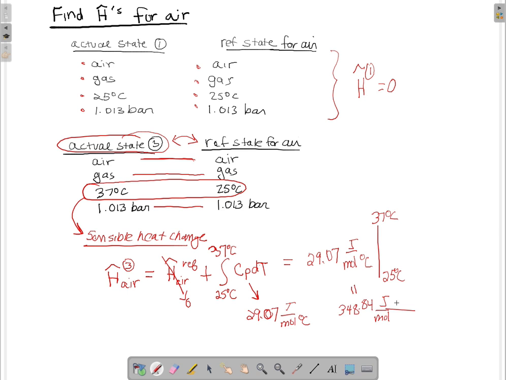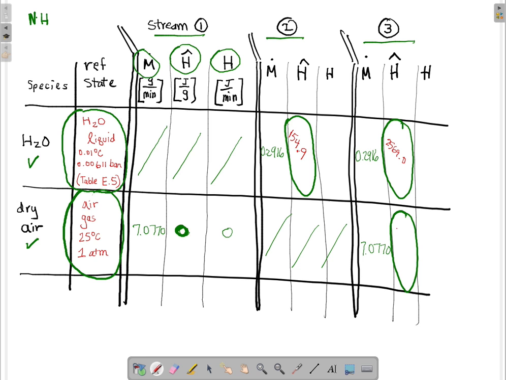But we want joules per gram, so we know that there's 1 mole for 28.84 grams of air. And so we end up with 12.0957 joules per gram equals the specific enthalpy of air in stream 3. So we can go ahead and update our table with that information.